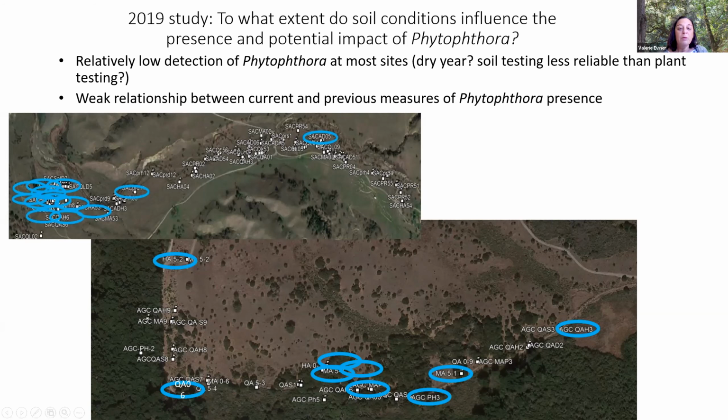Our plot locations were randomly located, irrespective of previous Phytophthora findings. There are non-restored sites. This is the quarry site, Turner Dam, and Indian Creek.